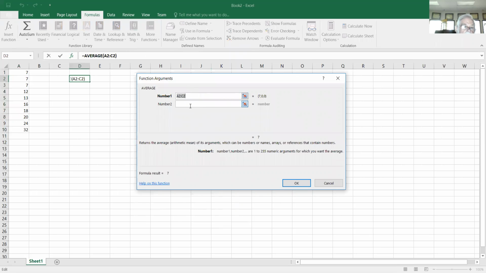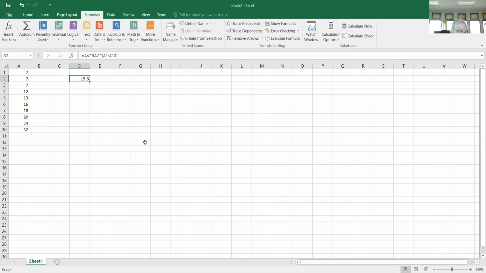The range is going to be A1 to A10. This returns the arithmetic mean of these arguments. If we click OK, we get 15.6.